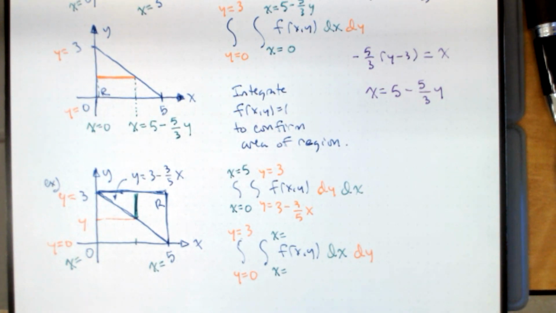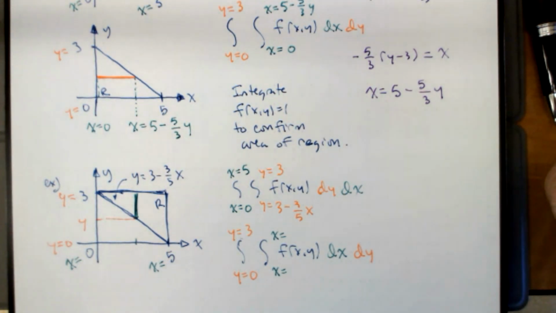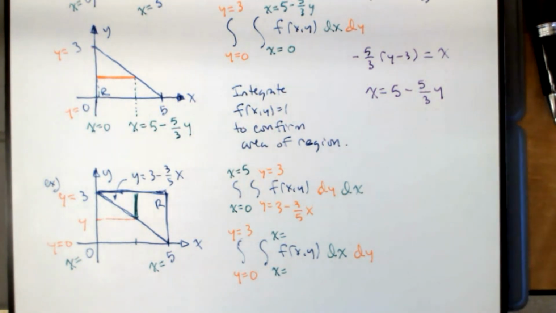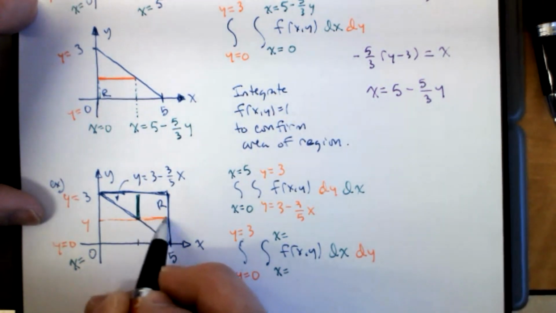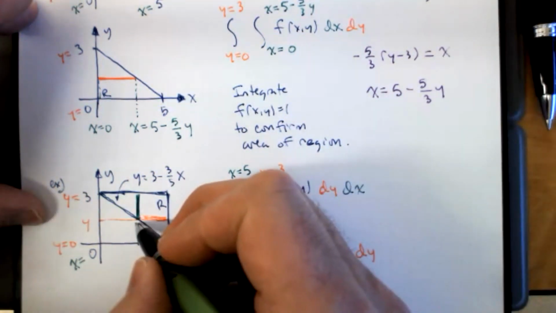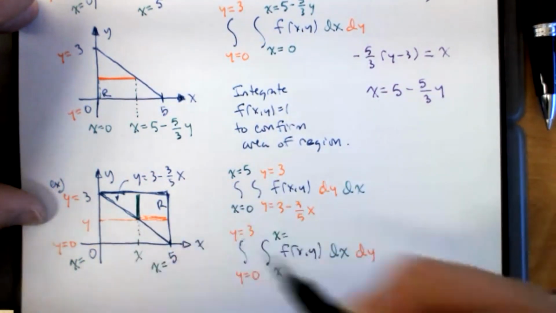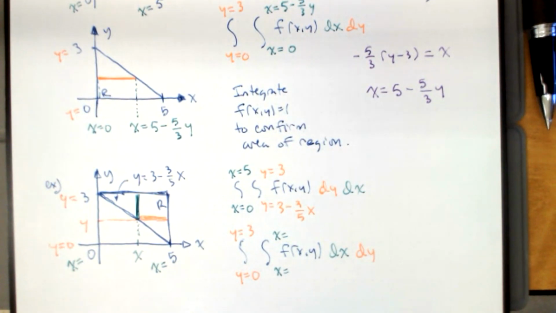Now we're going to pick a typical y value and see what x values we're between. So here's a typical y value. And we start at the line. So we're going to start our x's at the line, which is still 5 minus 5/3 y.